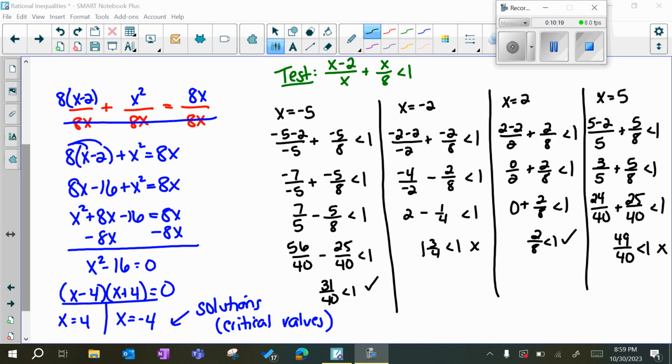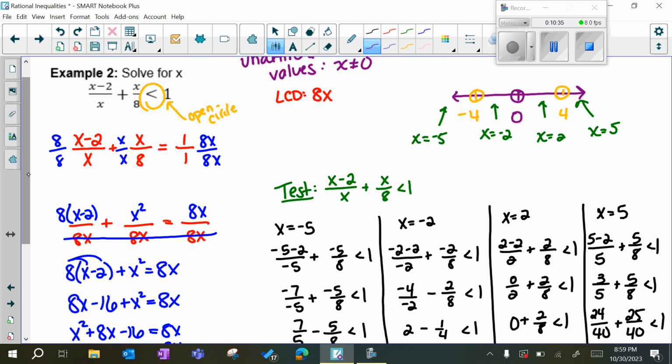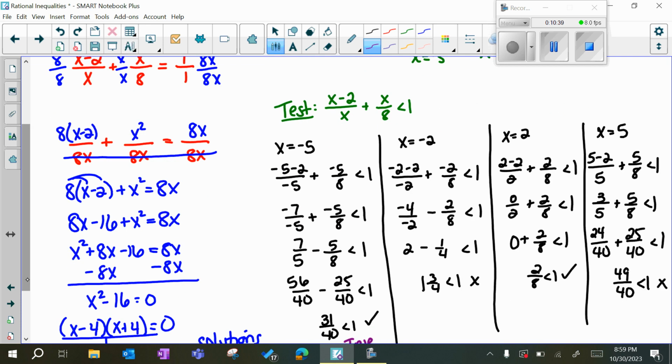So hopefully by now, you've been able to test each of your 4 points. If you chose the same points as me, you could check your work. So for x equals negative 5, this was true. So I'm going to shade in that area of the number line. For x equals negative 2, it was false, so I am not going to shade that area of the number line.